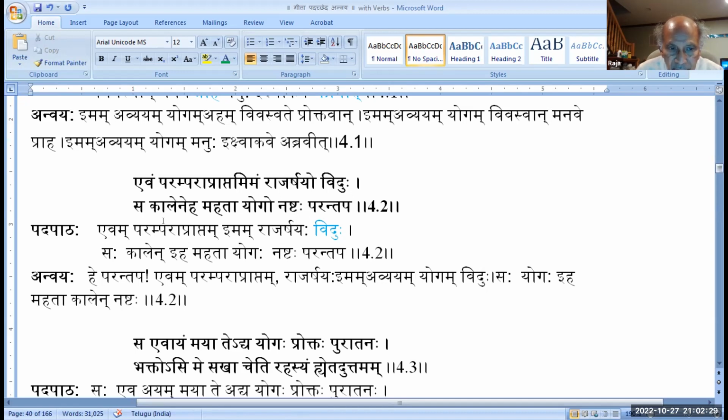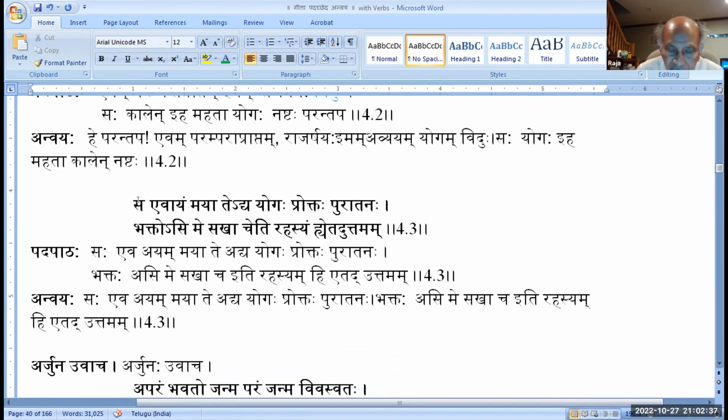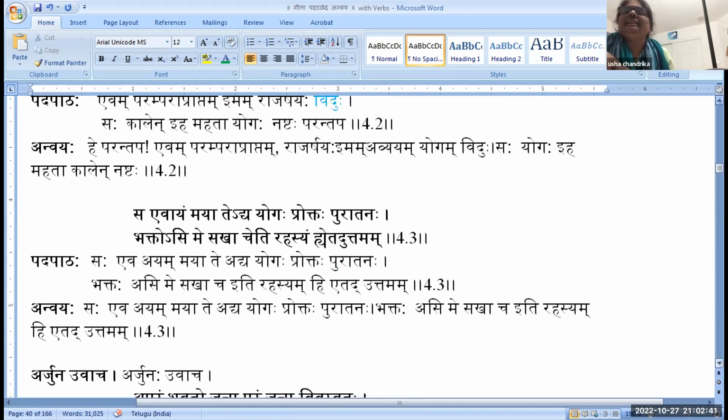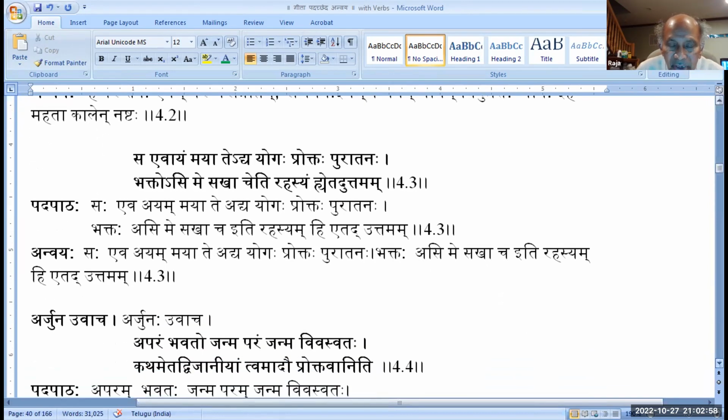On the top right, 4.2, there we have a sandhi: rajarshayaha plus viduhu. But if you come down to 4.3, yogaha proktaha, that's why I'm coming to 4.3.